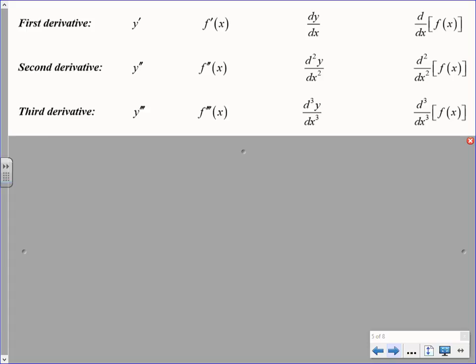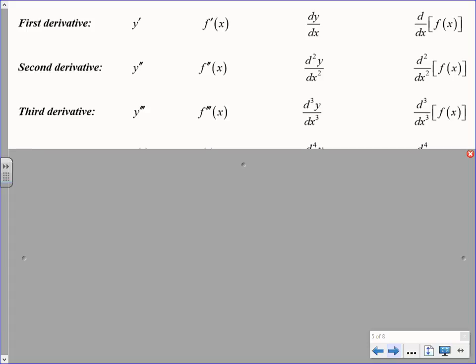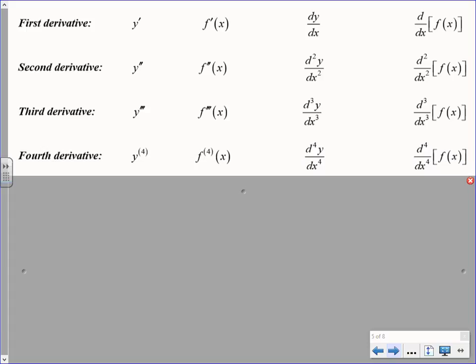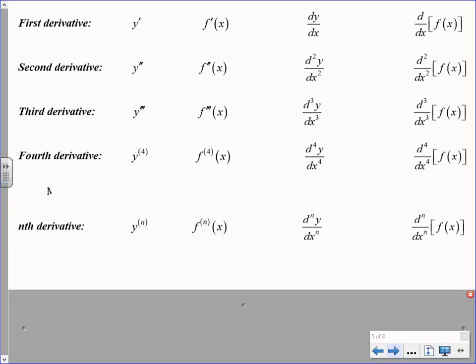Okay. Once we get to the fourth derivative, we know we're not going to put 4 tick marks. Okay, that's going to get a little too crazy. So we'll just put a parentheses with the number 4. Okay, and any higher order derivative after that, we would do the same thing.